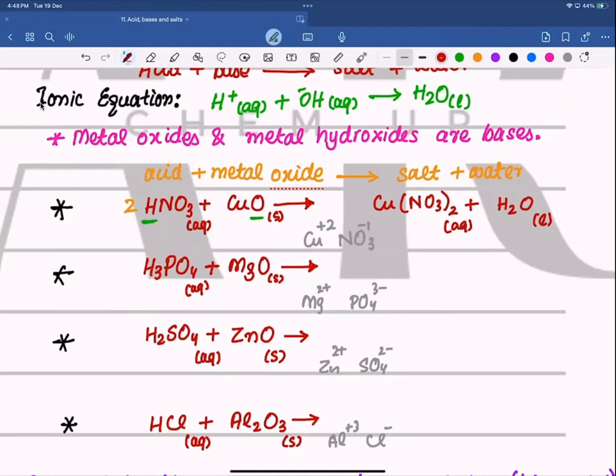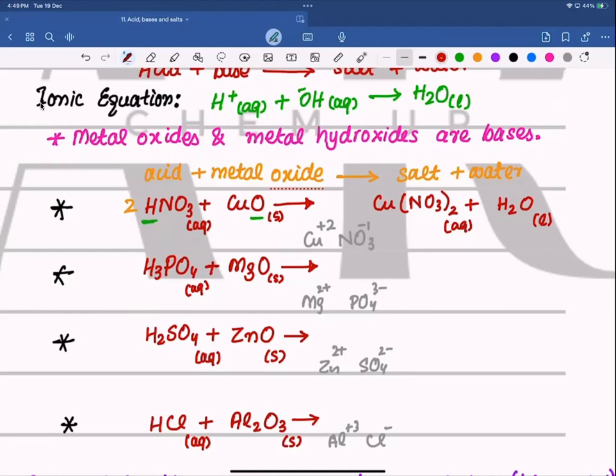And when you move the two from here to here, if there is more than one element, you close it in a bracket and then put the two. Put a plus over here. Now complete. Why are you putting a two plus? We always move the value, not the charge.